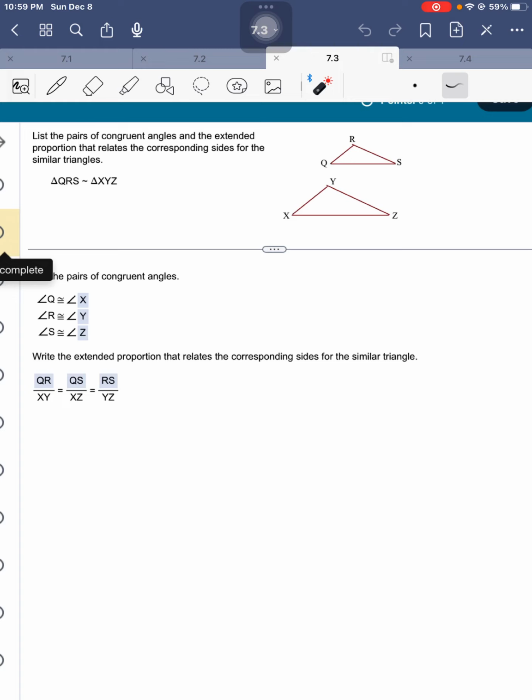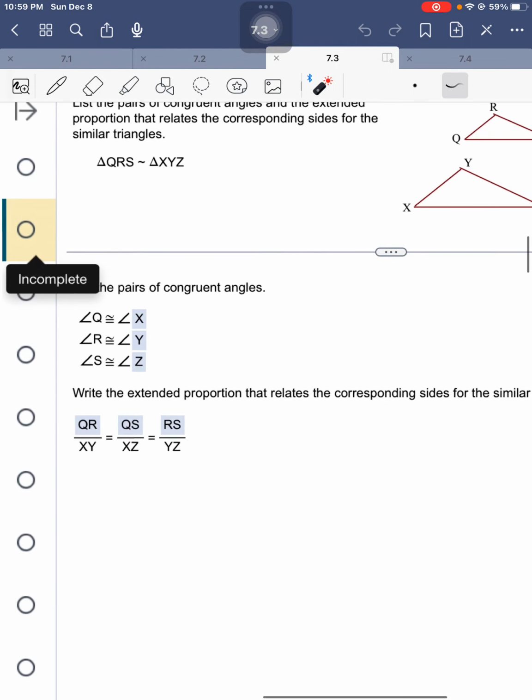Okay, so let's take a look at this. List a pair of congruent angles and the extended proportion that relates to the corresponding sides. So, very important, this little symbol right here, this squiggle line, tells me that this triangle and this triangle are similar. So if they tell me that the triangles are similar, what do I automatically know?